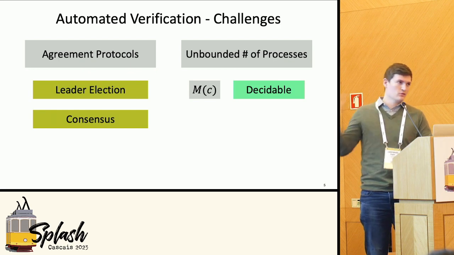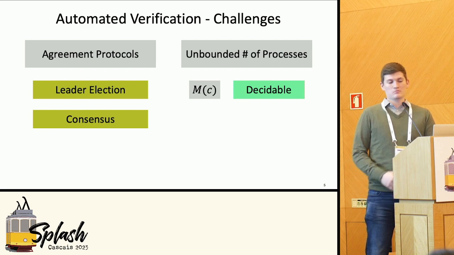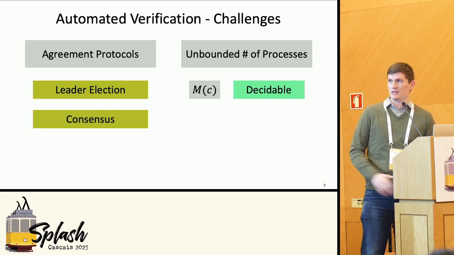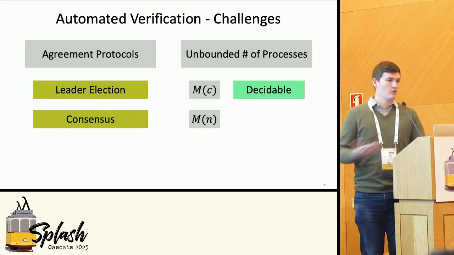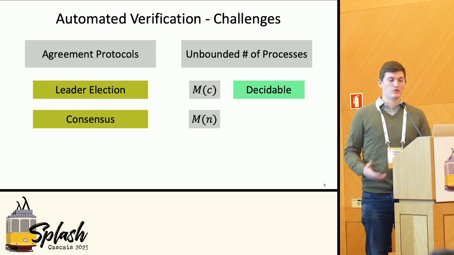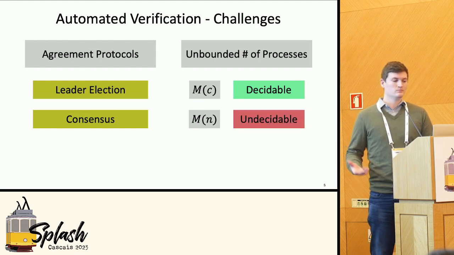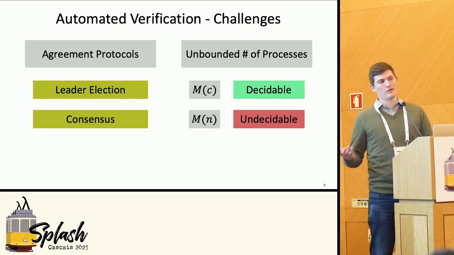We can just explore the whole state space and check if any of those reachable states are bad. However, if the number of composed processes is some arbitrary value n, this becomes what is known as the parameterized verification problem. And unfortunately, in its most general form, that's undecidable. Now, as you might imagine, undecidability poses a problem for automated verification.